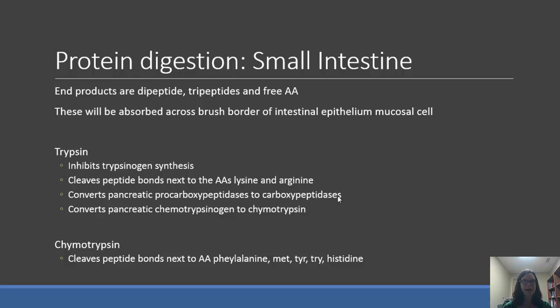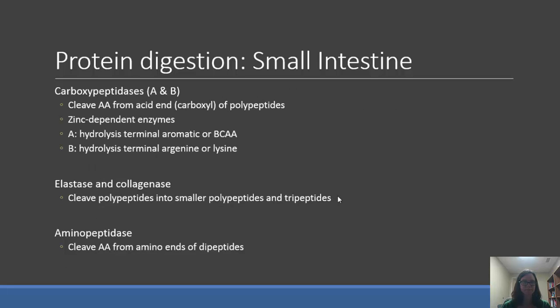It cleaves the peptide bonds next to the amino acids lysine and arginine, and it helps convert other proenzymes to their active form. Chymotrypsin cleaves the peptide bonds next to the amino acids phenylalanine and other amino acids here, methionine, tyrosine, histidine, etc. The carboxypeptidases A and B cleave amino acids from the carboxyl end of the polypeptides, and they also depend on zinc in order to function.